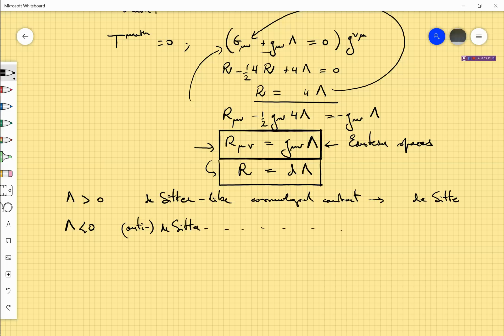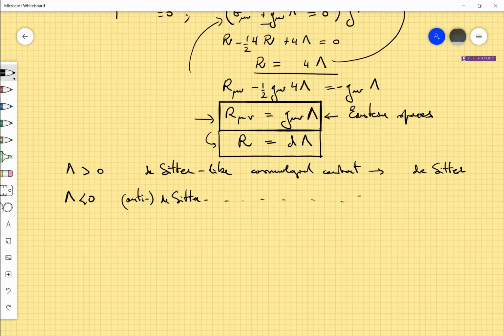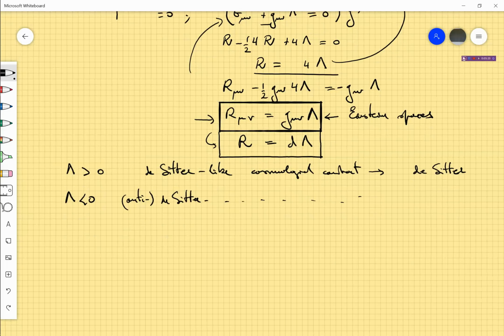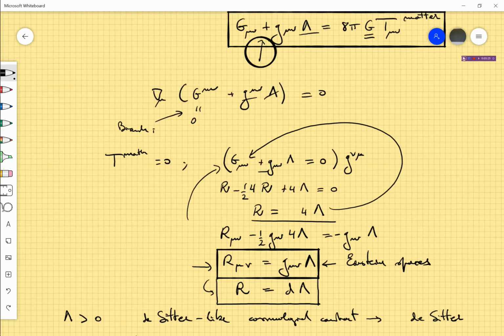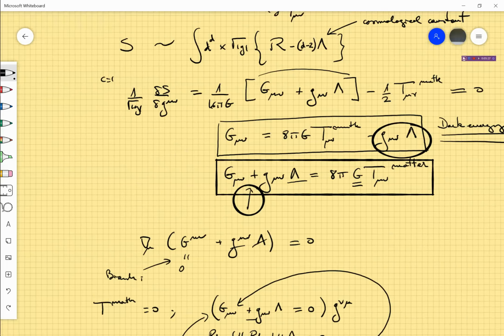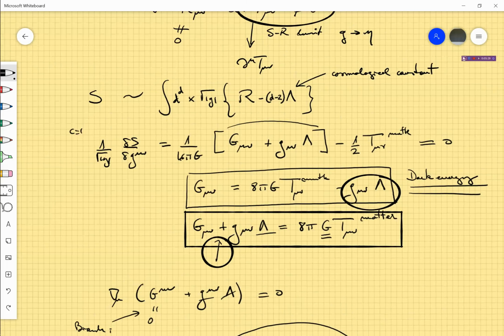The space that we called anti-de Sitter is a solution with lambda negative, and this lambda is related to this radius. In fact, if you look at these equations, I didn't mention what the units of lambda were, but if R has dimensions of length to the minus 2, then lambda has dimensions of L to the minus 2.